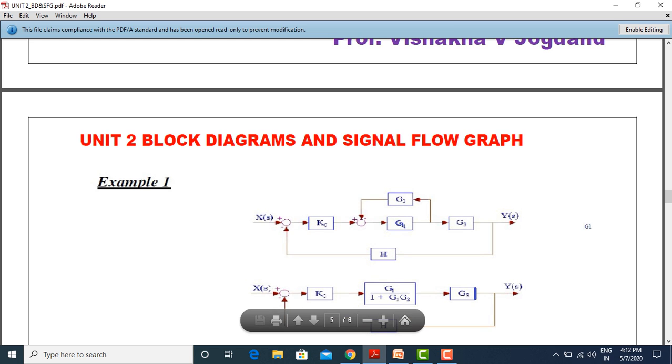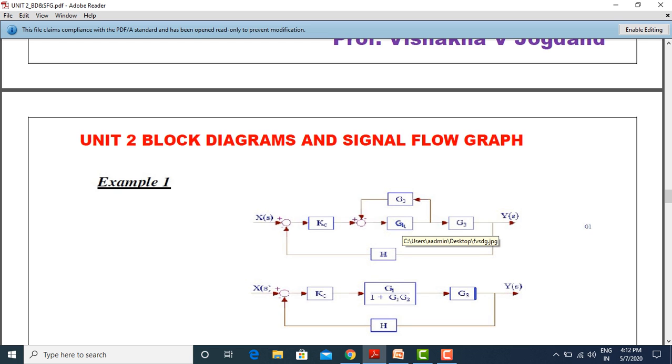So here I am observing the minor feedback loop. G1, G2, this is feedback. So what is the formula for the feedback loop? System upon 1 plus or minus system into feedback. This is the system, this is the feedback.